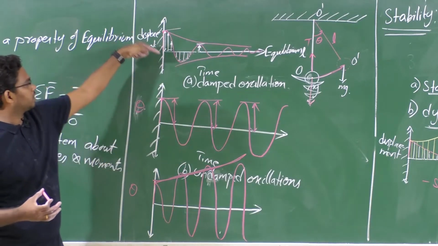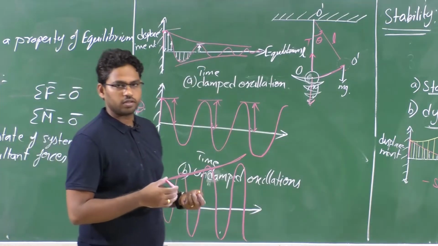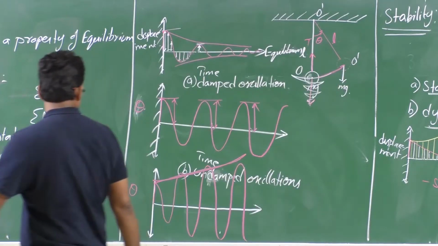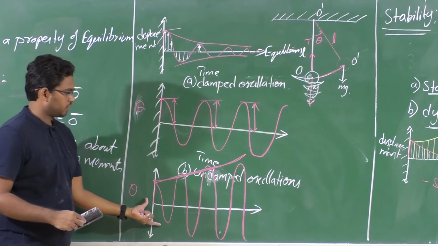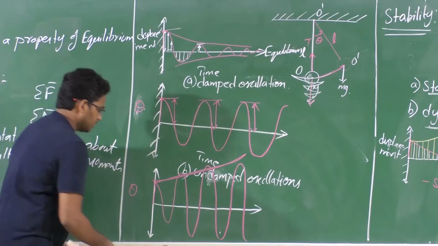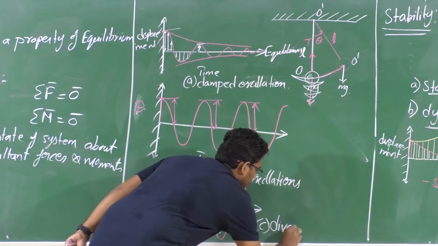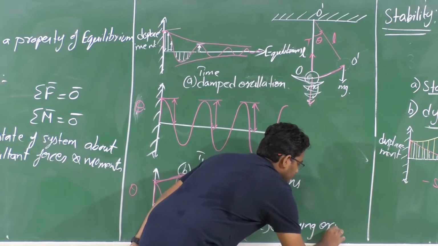If you look at this particular signal, you can guess the solution, isn't it? So here we call this diverging oscillations, right? So case C is where we talked about diverging oscillations.